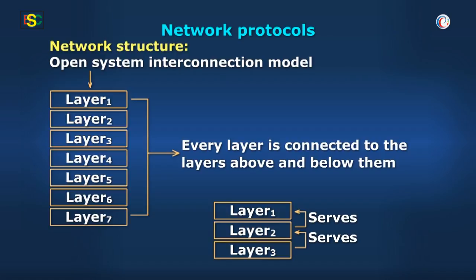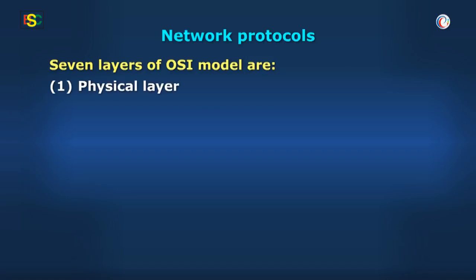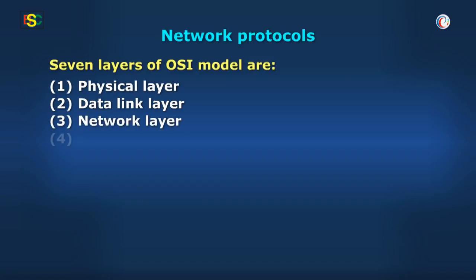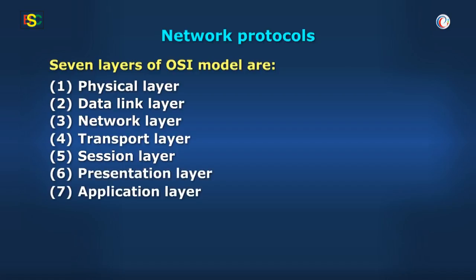Now we will talk about the 7 different layers of the OSI model. The 7 layers of the OSI model are: number 1, physical layer; number 2, data link layer; number 3, network layer; number 4, transport layer; number 5, session layer; number 6, presentation layer; number 7, application layer.